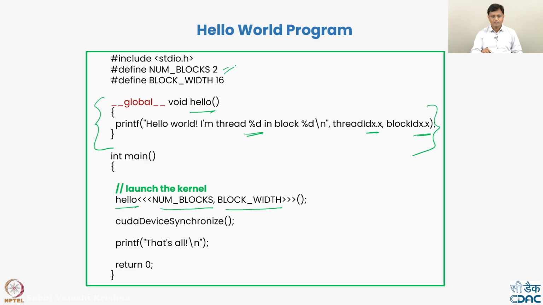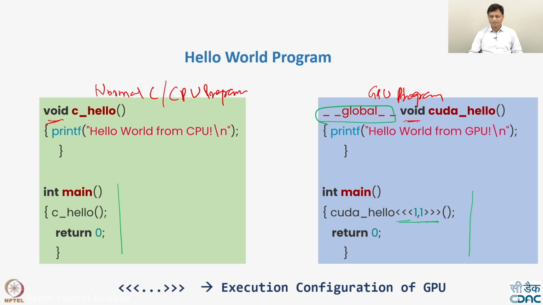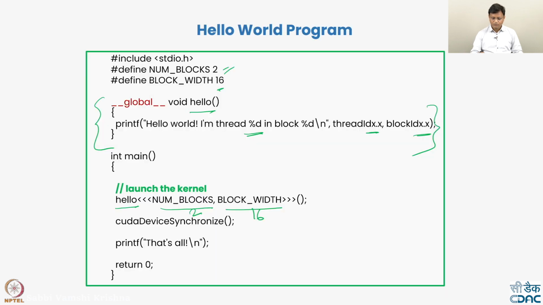Number of blocks means this hello world program should be launched in 2 blocks and each block must have 16 threads. So, it is passing 2 here and 16 here. In the previous case, I was directly passing some number like 1 or 2. If you want, you can change these numbers, execute this program and check the output. Similarly, here also you can change the number of blocks and blocks_width, and a learner who wants to know more can execute this program.